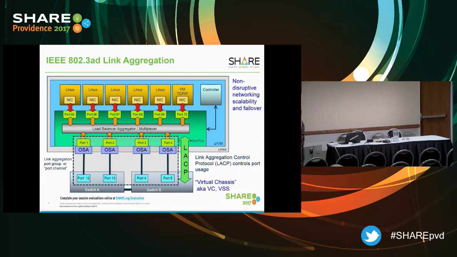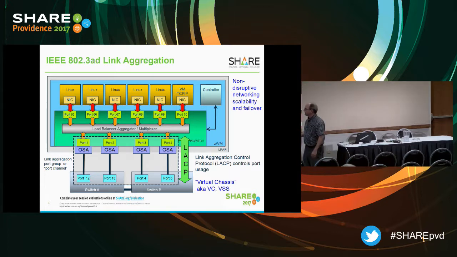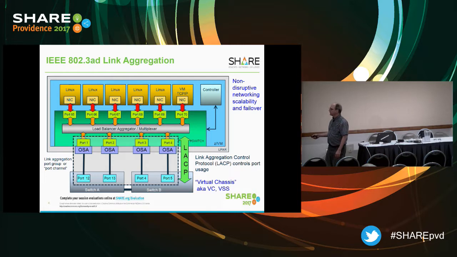So if I were to lose one of these switches, the link aggregation group remains up, and these other two NICs can still run. The VM has no idea that this is taking place. It's not supposed to know. It's designed so you don't have to know. So if it loses one of these, the VM will be perfectly happy with that.